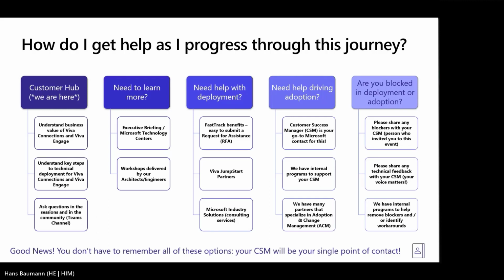For example, right now we are helping you in the learning process by teaching you about the enablement of Viva Connections. That's the Customer Hub here, so you can understand the value of Viva Connections, a little bit about Viva Engage, and so on. If you need to learn anything extra, or feel you need more information, we have different types of engagements and deliveries that we can help you with.